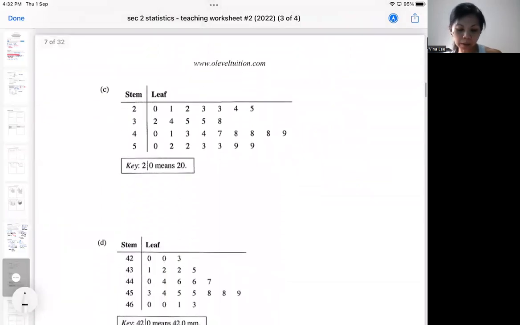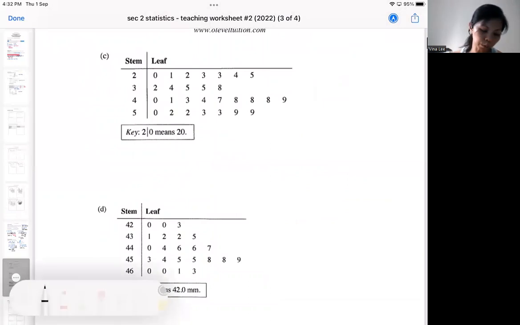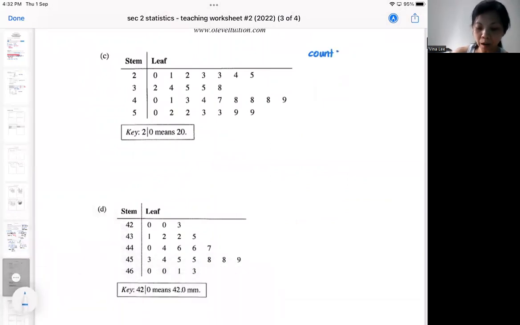So for a stem and leaf, that's the same thing. It's already arranged. You do the same counting, but if you remember, we only count the leaf. 1, 2, 3, ... up to 28. So I got 28 data.